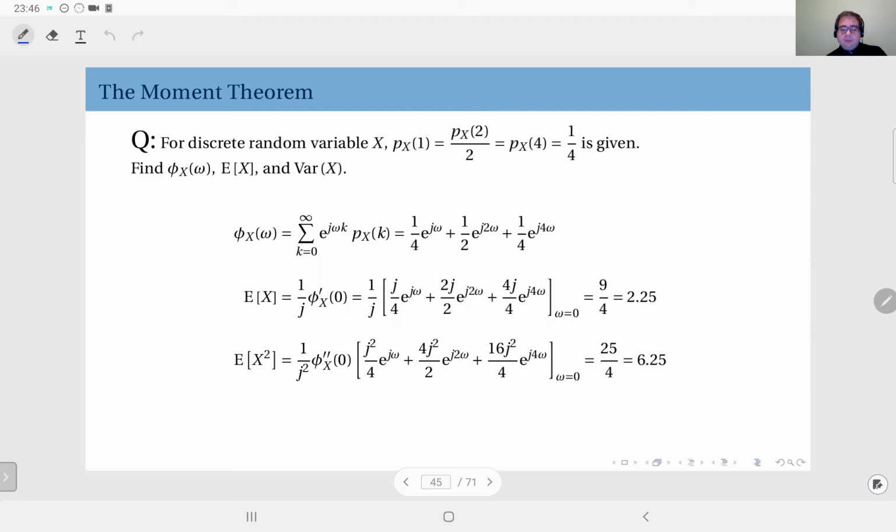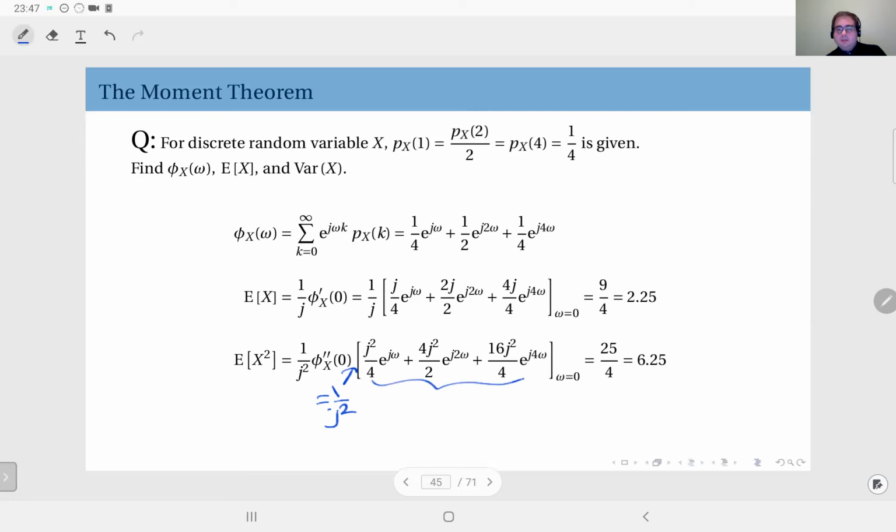Let's do the second moment. This time around, I'm going to take the second derivative and evaluate it at omega equals 0 and then divide by j squared. Well, j squared is exactly -1, but the terms are going to cancel out again, so no need to actually put in -1. I should have equals 1 over j squared here, which I forgot.